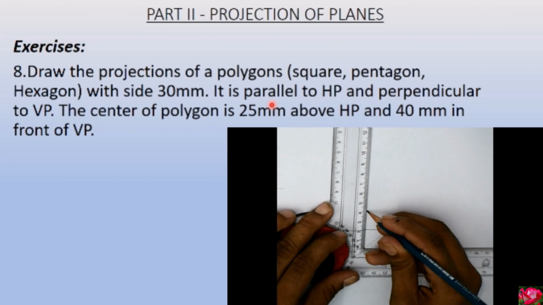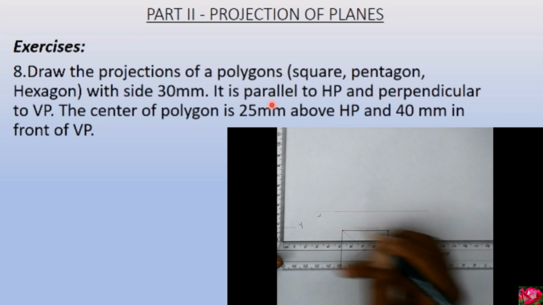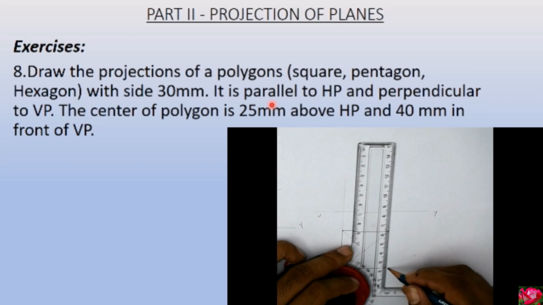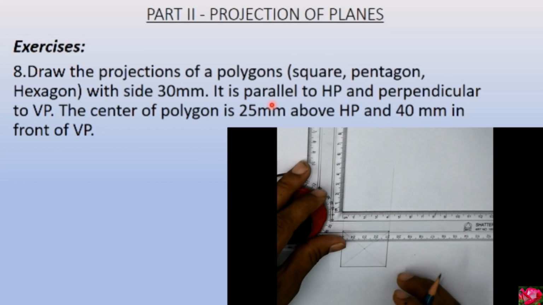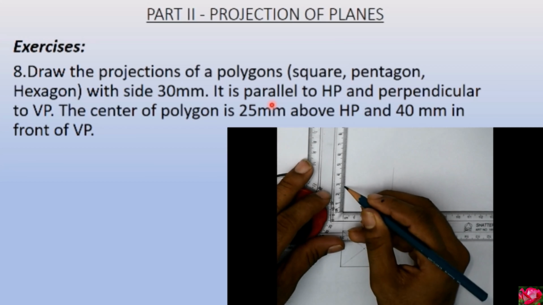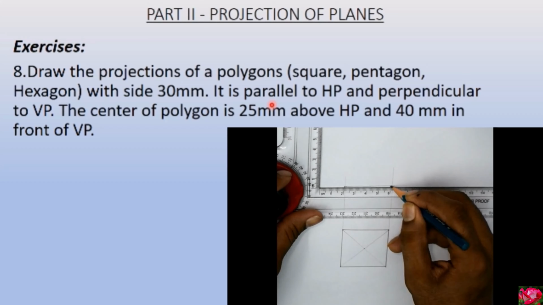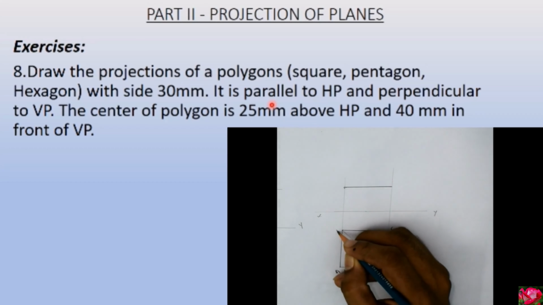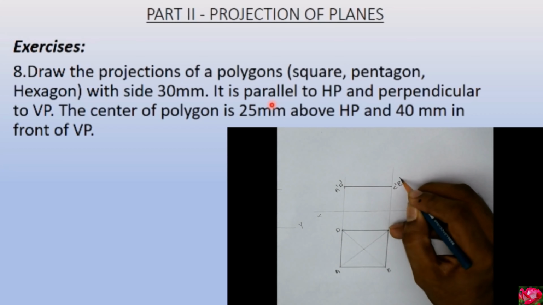For this reason I am taking the XY line here. This is your XY line, and I am projecting these points to get the front view, which is 25 mm above HP. So this is our 25 mm, and this is the front view. A, B, C, D, A dash and D dash will come here, and C dash and B dash will come here.